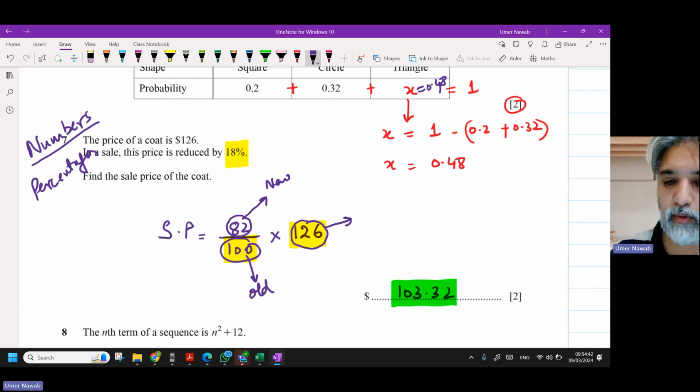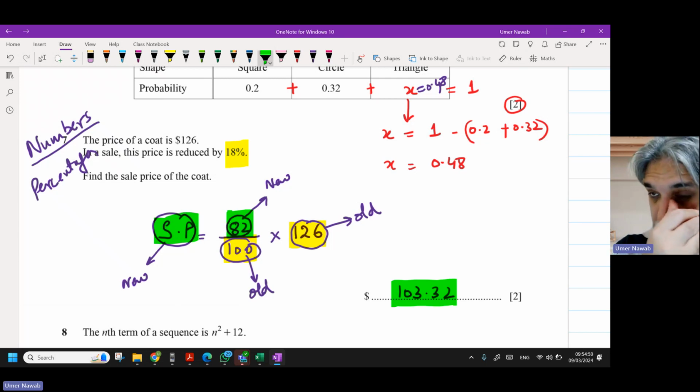So this is your old and this is your new. So new is related with this part of the fraction, 82, and the old part is represented in multiplying with the cost price already given to you.